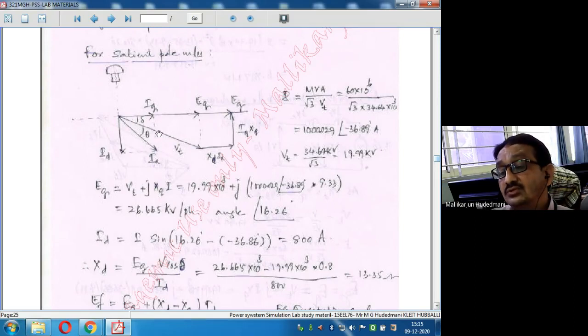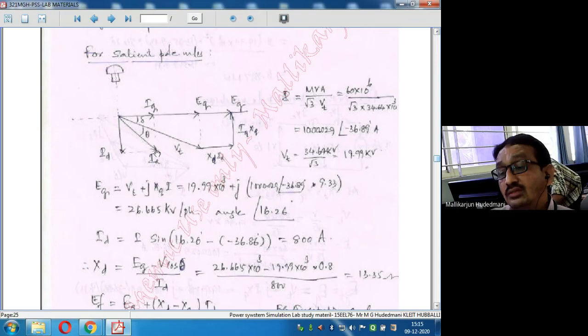Then you just observe there is an angular lag, and there is a vector Ia. Ia is the actual current coming out of the synchronous machine, the armature current, what we call it, or a line current, whatever it is. So Vt is the terminal voltage of the synchronous generator. Ia is the line current or armature current coming out of the synchronous generator, having an angle theta or phi, whatever we can pronounce.